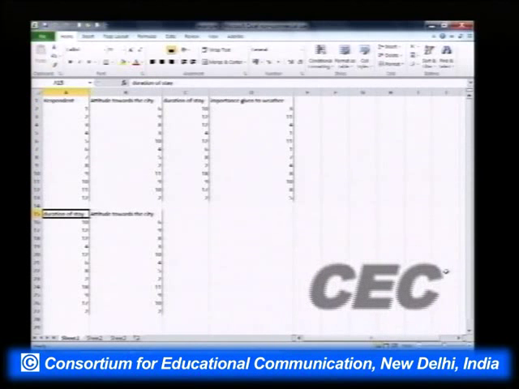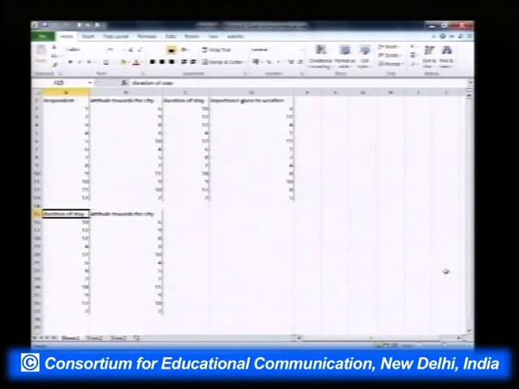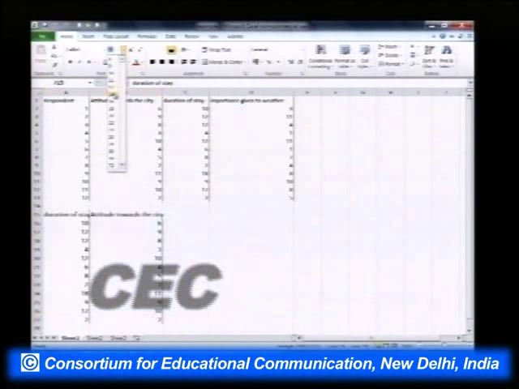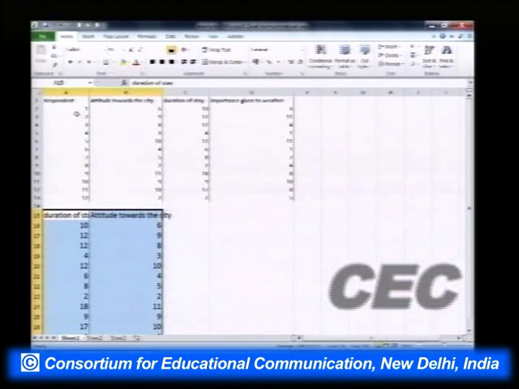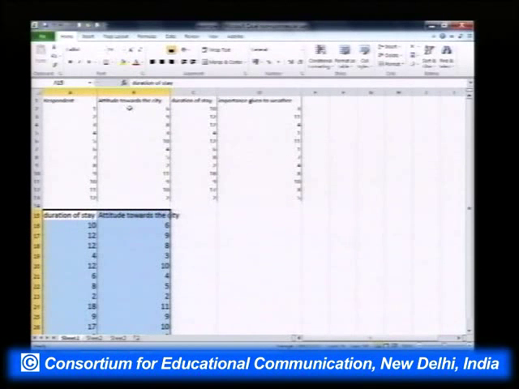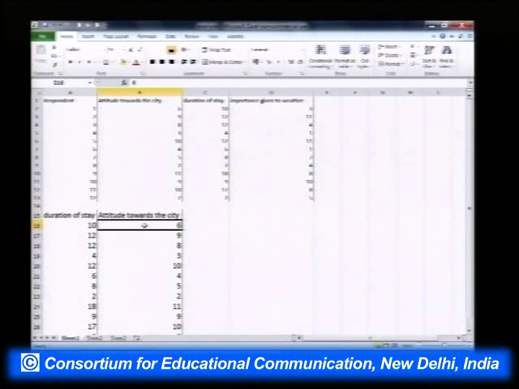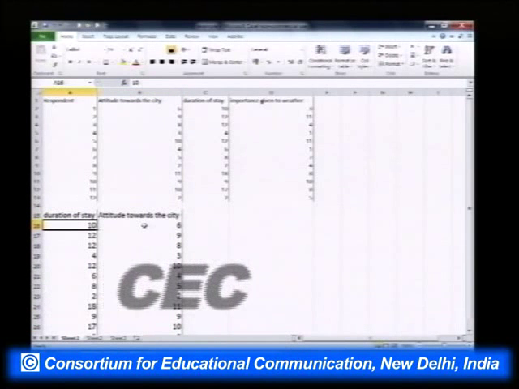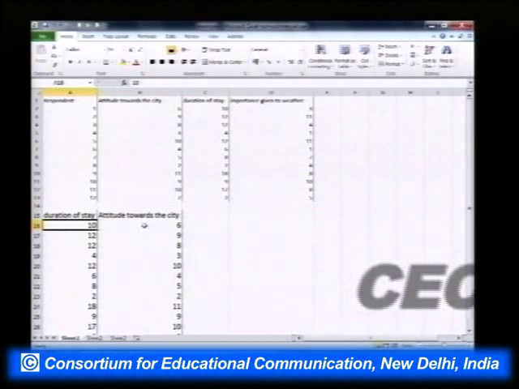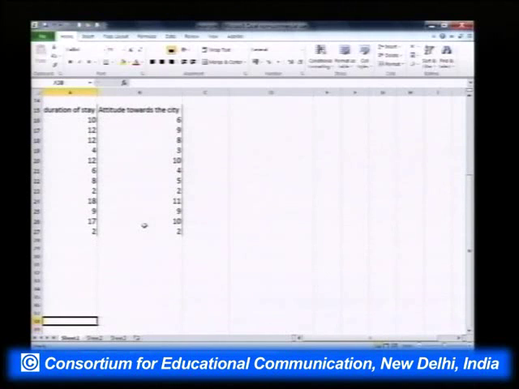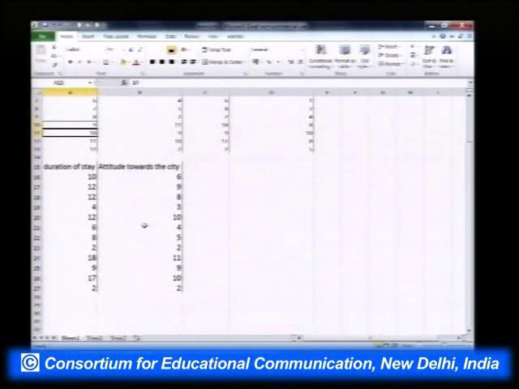So I have taken these two variables, duration and attitude towards the city, because we want to calculate the correlation coefficient between these two variables, duration of stay and attitude towards the city.